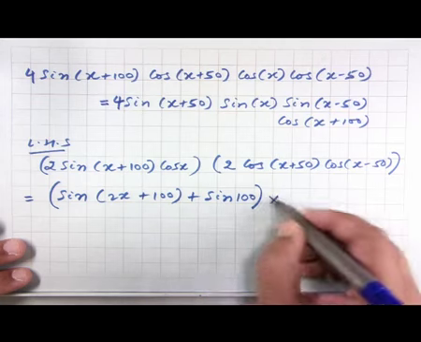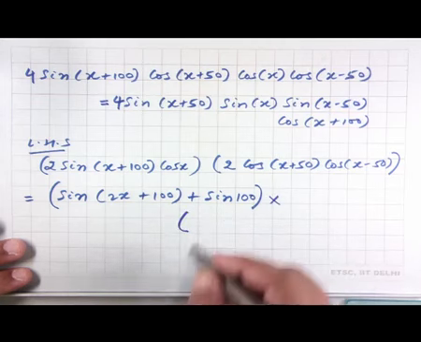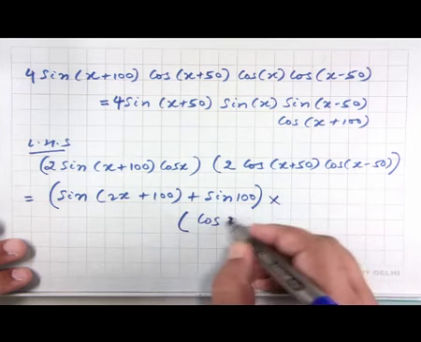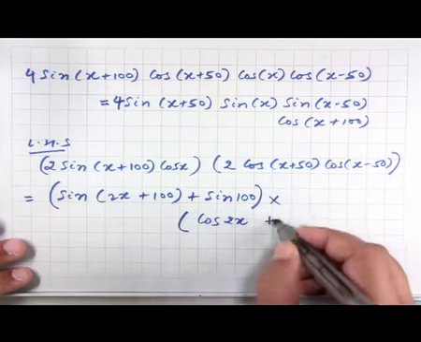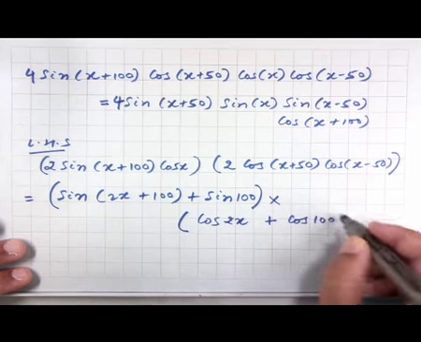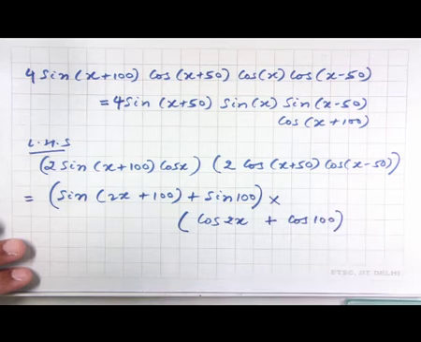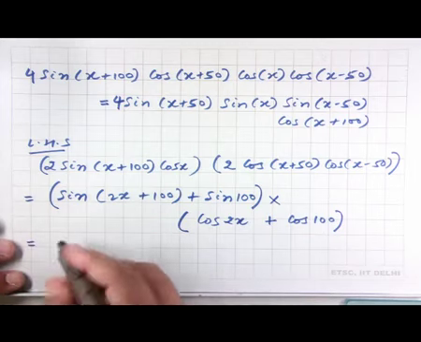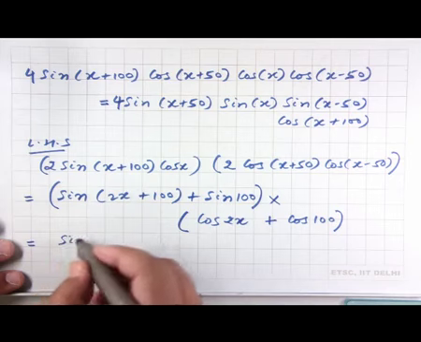So this multiplied by cos A plus B will be cos 2x plus cos A minus B is going to be cos of 100, and then of course we can write all the 4 terms here very nicely.